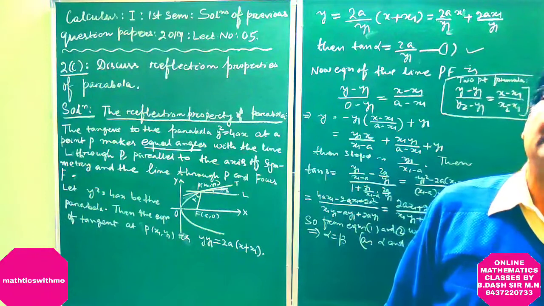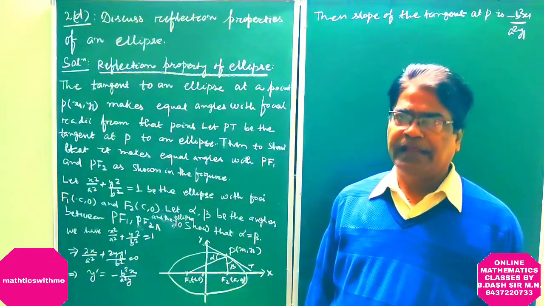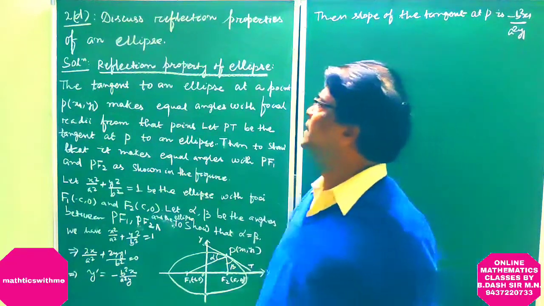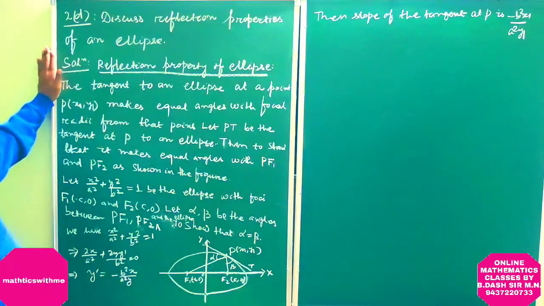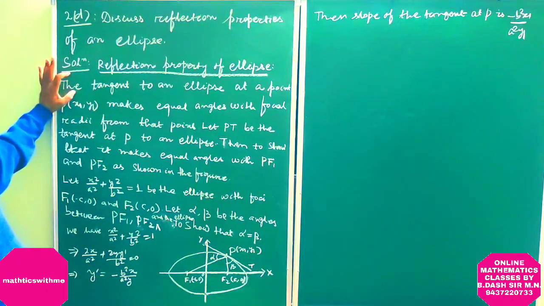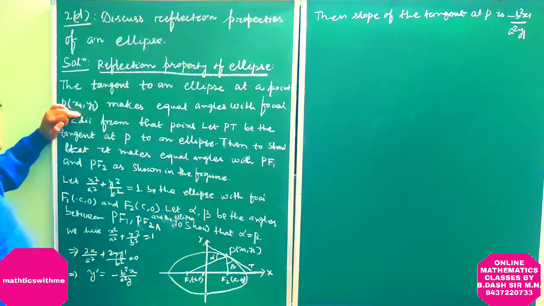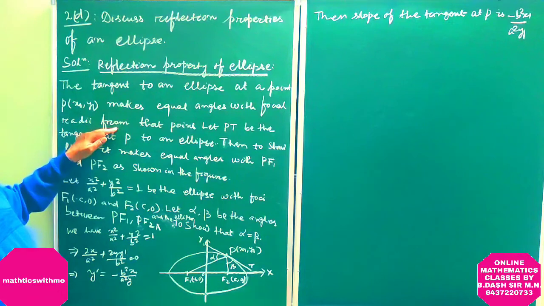Let us proceed to the second problem of this class. Our next question is: discuss the reflection property of an ellipse. The tangent to an ellipse at a point P of x1, y1 makes equal angles with the focal radii from that point.